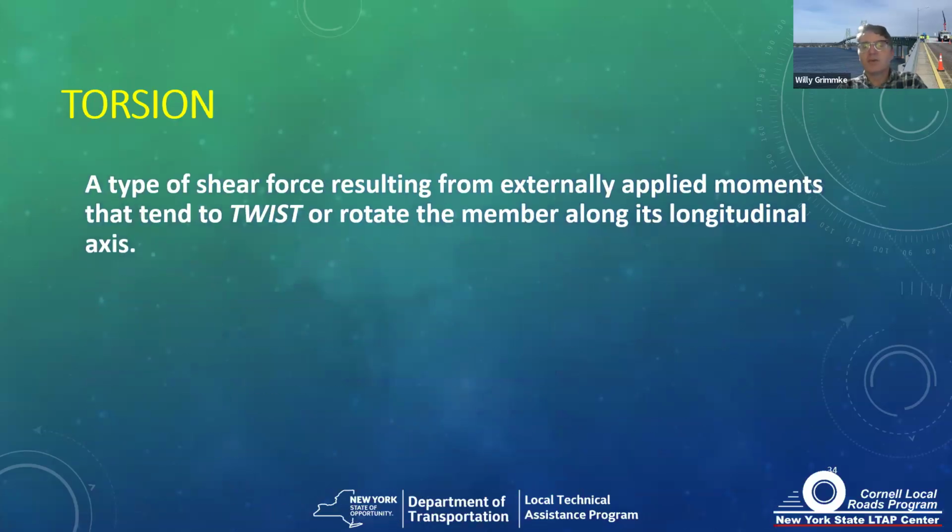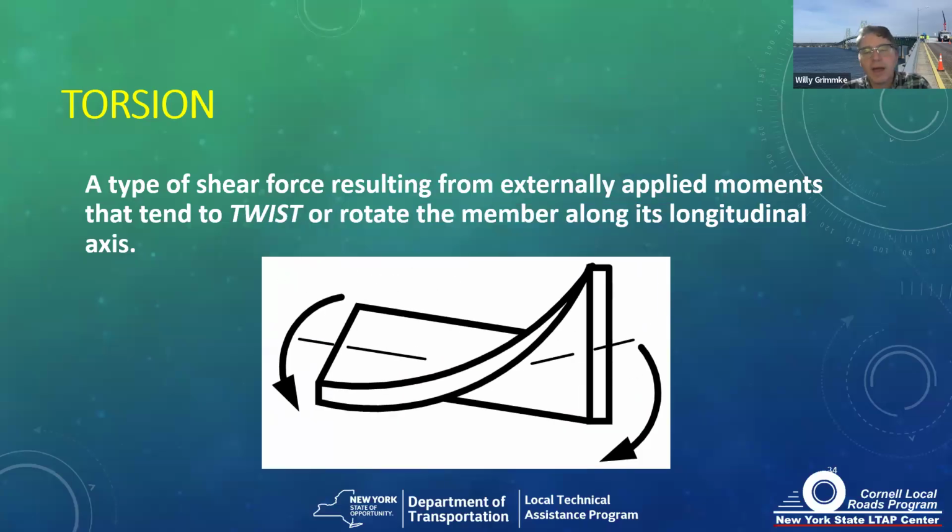Torsion is a twisting force. This is when members tend to twist about their axis. We tend to have torsion issues in curved girder bridges, and those tend to want to twist.